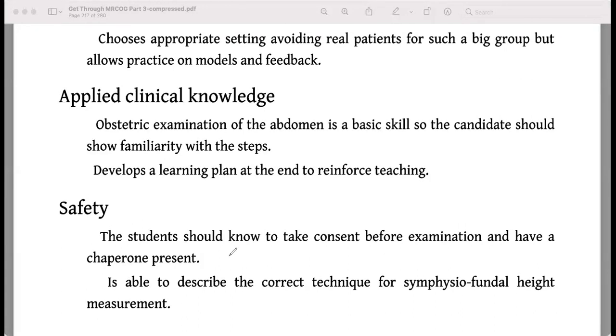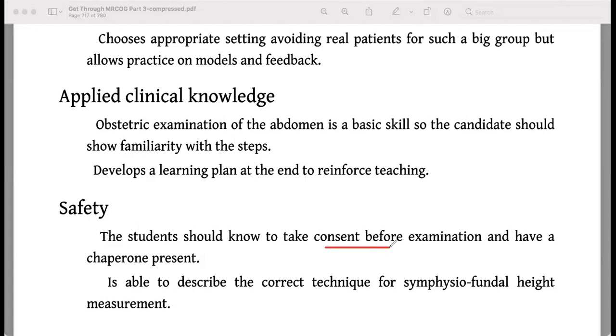So whenever you have a teaching of any skill, a skill of forceps delivery, a skill of abdominal examination like this, a skill of stitching a tear, anything, before you do anything, start by introducing myself to the patient and take consent for the examination. Right? Clear? It's a safety for any skill.